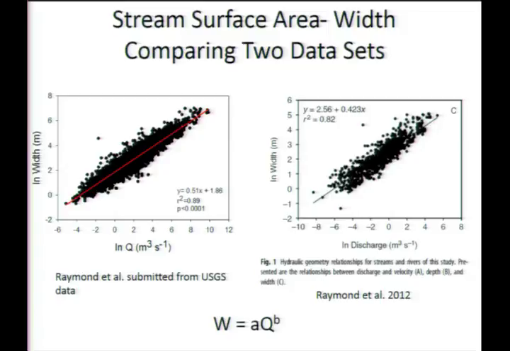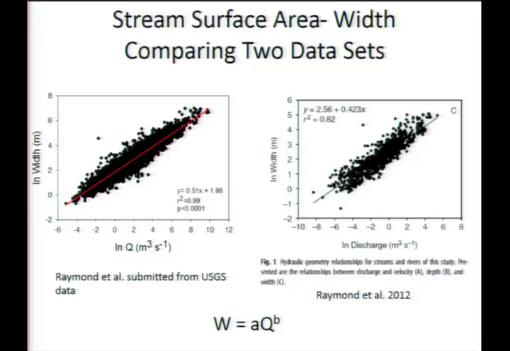So this is from thousands of systems in the United States. This is basically gauging stations in the United States, and this is also a meta-analysis, not from gauging stations, where you're trying to establish the relationship between discharge and width, and then using global maps that we have for discharge to then assign a width across the entire globe.